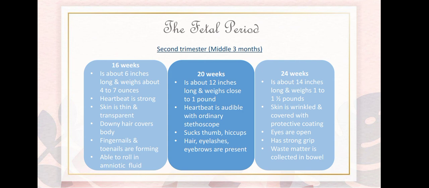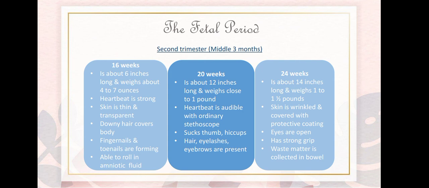And then in the 5th month, it's about 12 inches, and the weight can be close to 1 pound. The heartbeat is audible with an ordinary stethoscope. And then sucks thumb, hiccups.